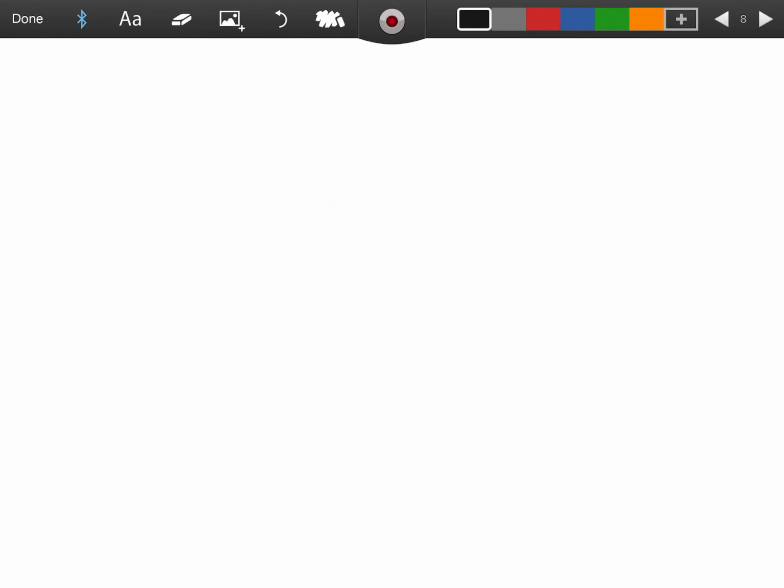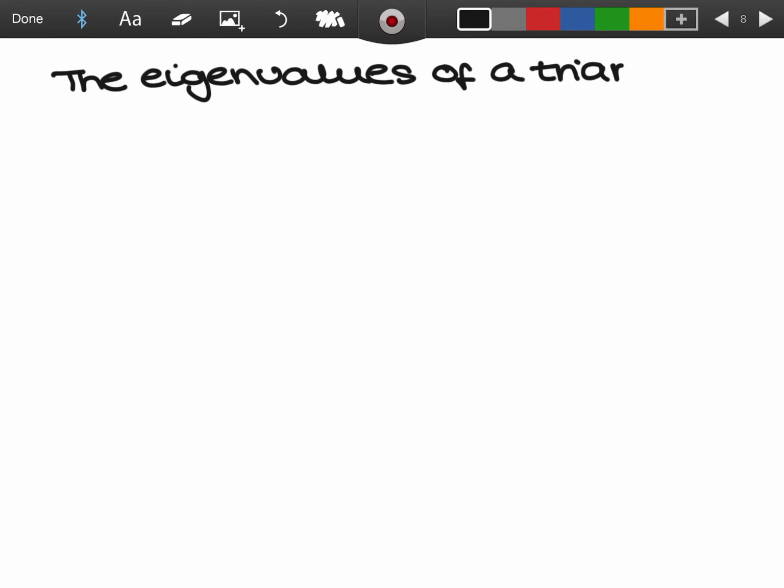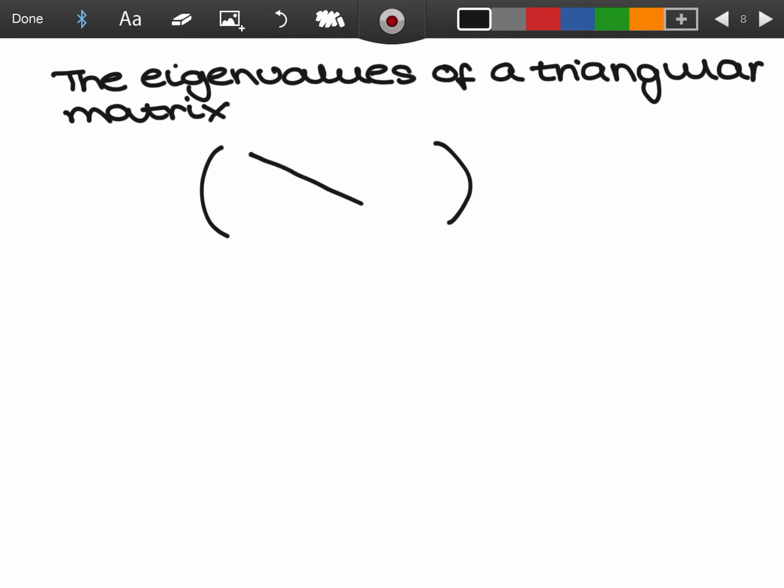Just as a quick side note, there are some simple matrices where it's really easy to pick off what the eigenvectors and eigenvalues are. One of those is a triangular matrix, whether that is upper or lower triangular. The eigenvalues of a triangular matrix are read off the main diagonal.